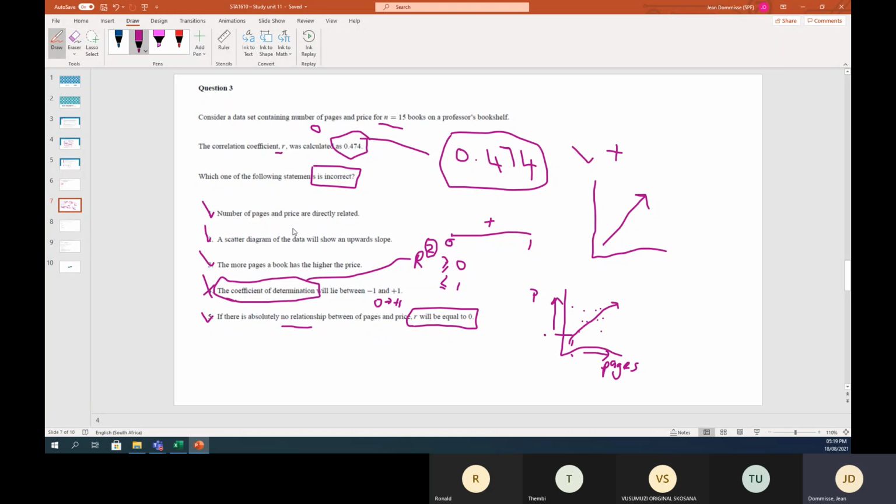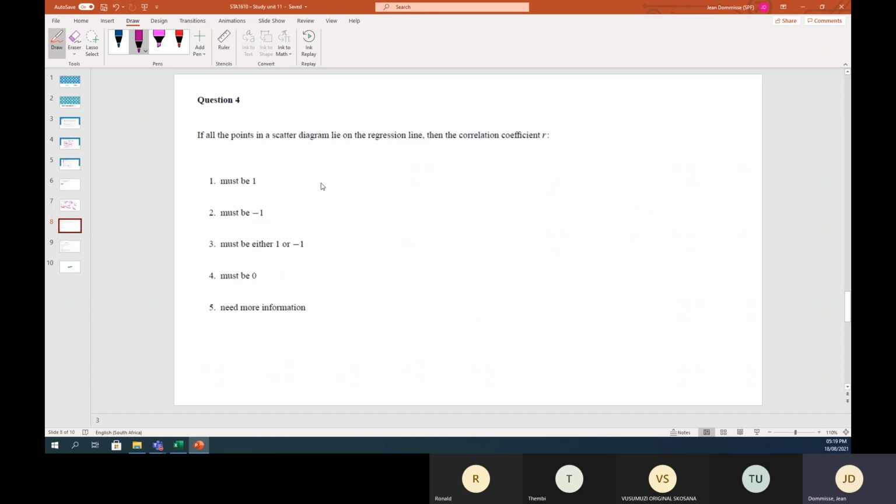Okay, let's go to the next one. In the next one, they talk about if all the points in a scatter diagram lie on the regression line, then the correlation coefficient is... So that is your line.